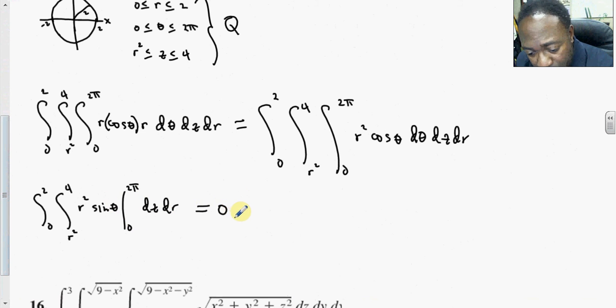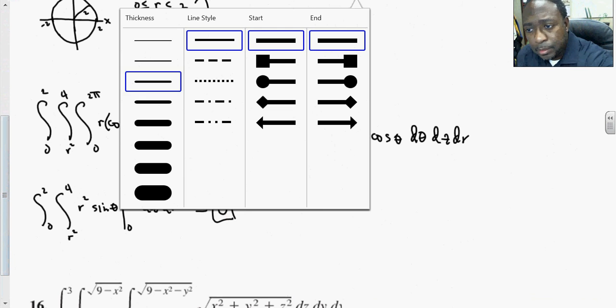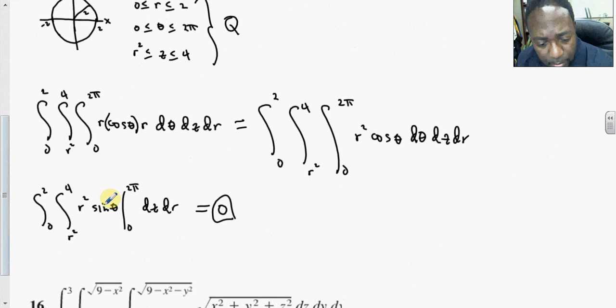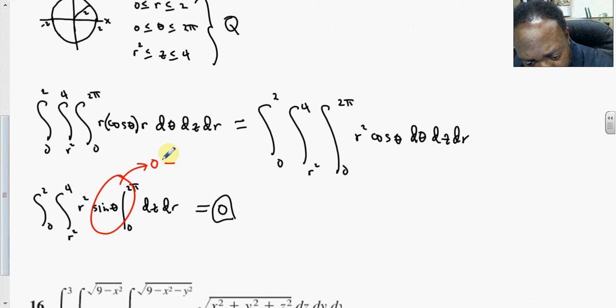Well, 0 is 0. Here, this evaluation gives us 0, sine of 2 pi minus sine of 0, right?